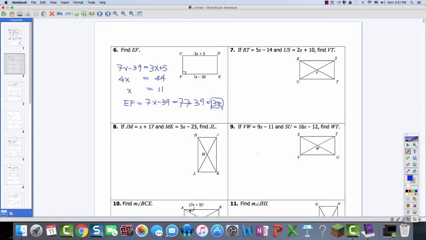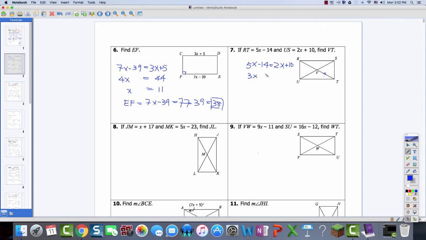Now, second question, if RT, one of the diagonals, is 5x minus 14, US, the other diagonal, is 2x plus 10, and we have to find VT, which is half here, right? So we know the two diagonals for a rectangular shape have to be congruent.